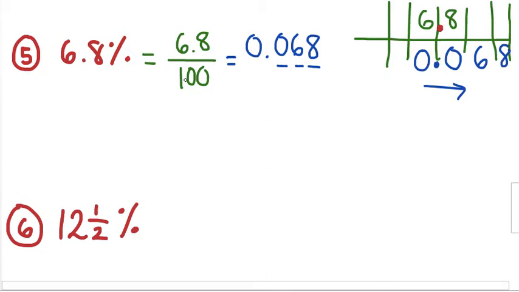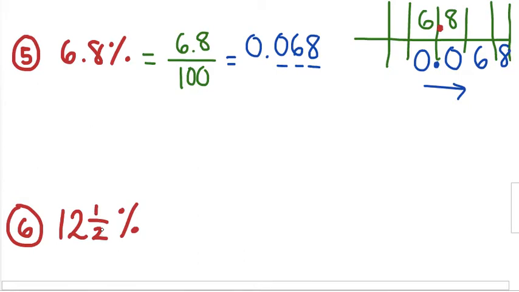Now, the last one, 12.5%. Again, they're trying to throw us a fraction and scare us with a fraction, but we know we can do it. So the first thing is that we know that we have 12 whole there. You can use your calculator to convert this one into a decimal. As I said, every time that we have a vinculum, every time that we have a fraction, it only means 1 divided by 2.